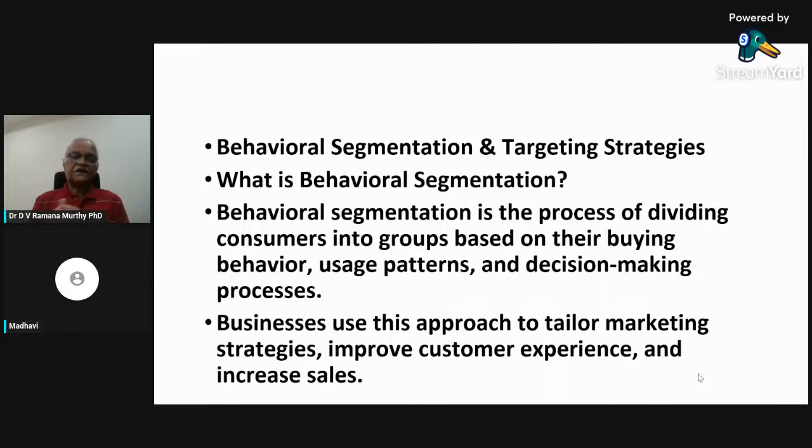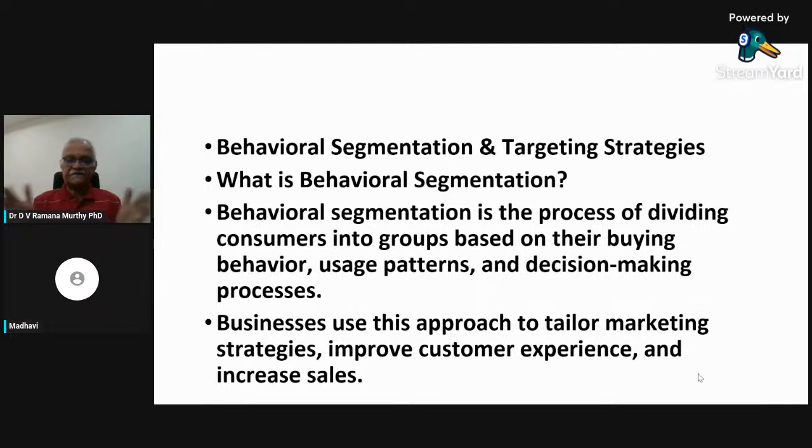Next aspect that we need to discuss here is behavioral segmentation and targeting strategies. Now, in the process of going ahead with marketing research, how you're going to proceed is a matter. So this one point that we need to discuss is about behavioral segmentation. The name implies behavioral.